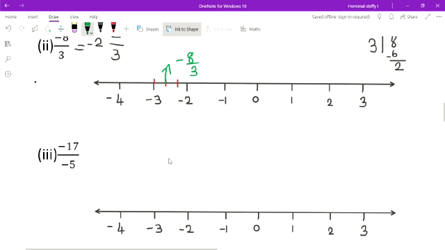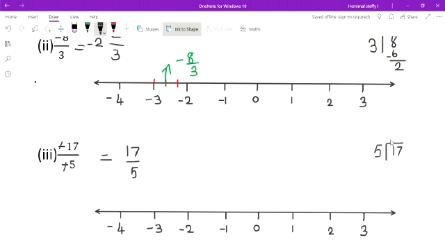Then the next one is minus 17 by minus 5. So both numerator and denominator have the minus. So I cancel the minus here. So it changes to plus 17 by 5. So next step, what is the next step? Change to mixed fraction. So take the numerator 17 and denominator 5.